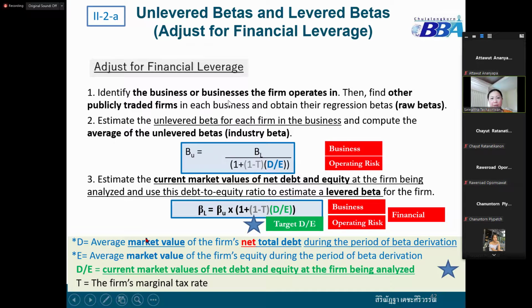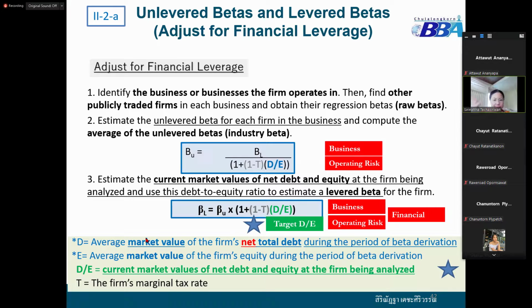We find a comparable firm. We have the levered beta of the comparable firm. We take out the impact of financial leverage by dividing the levered beta of the comparable firm by 1 plus debt to equity multiplied by 1 minus tax rate. This debt to equity is the market value of net debt.